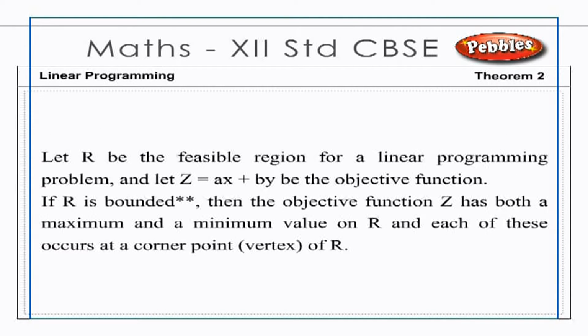Theorem 2. Let R be the feasible region for a linear programming problem, and let Z equal to ax plus by be the objective function. If R is bounded, then the objective function Z has both a maximum and a minimum value on R, and each of these occurs at a corner point, vertex, of R.